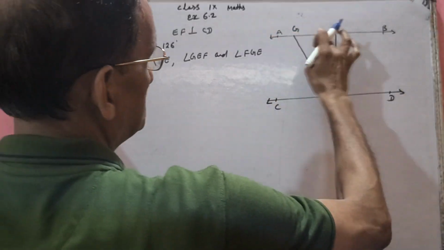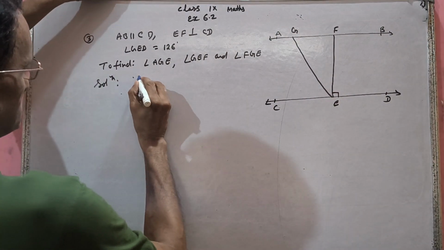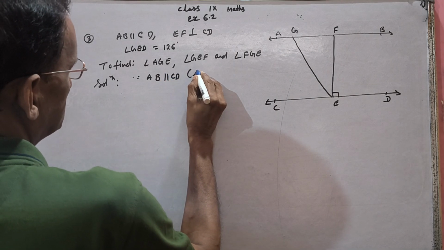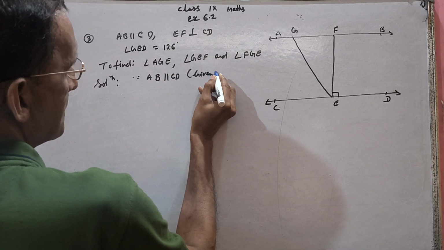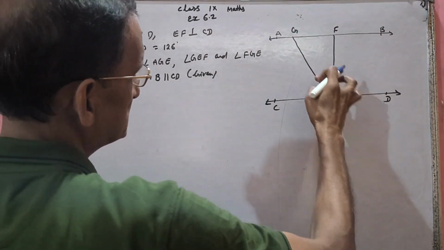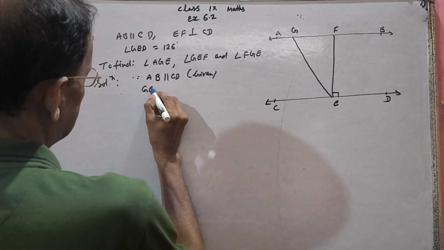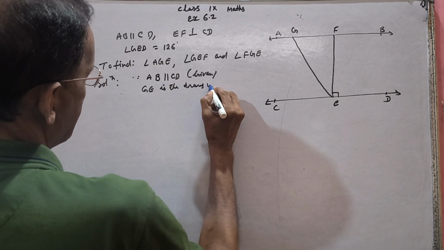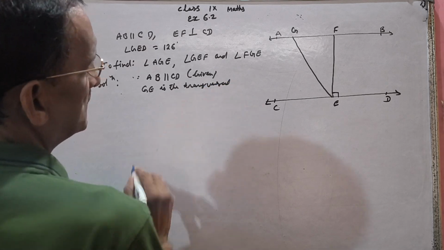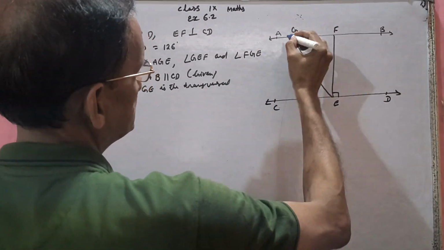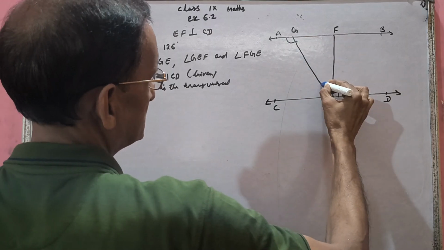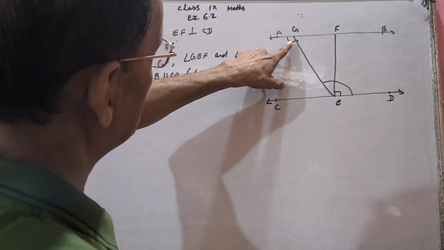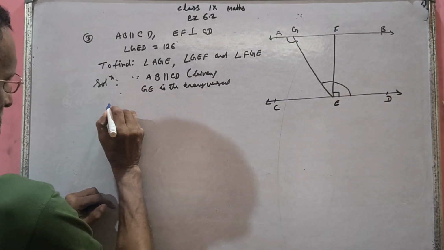Now see, what is given? AB parallel CD. Since AB parallel CD is given, and GE is the transversal, then 2 parallel lines are intersected by a transversal, and these angles are alternate interior angles, and they will be equal. What is the name of this angle? Angle AGE.